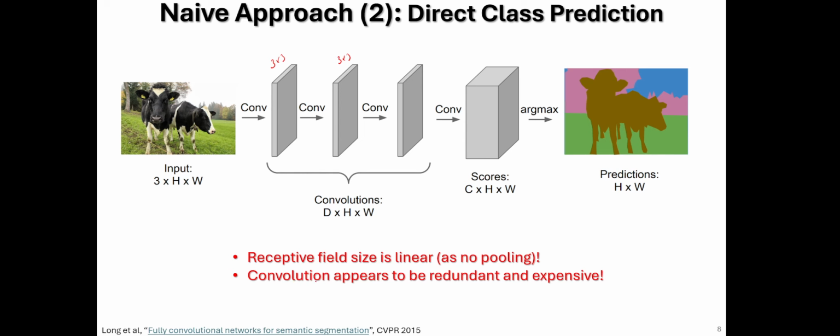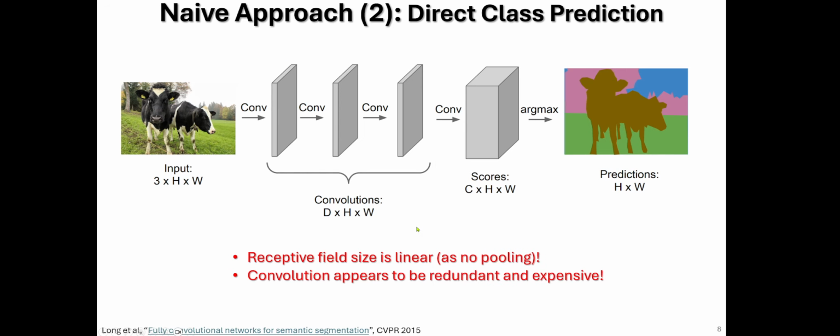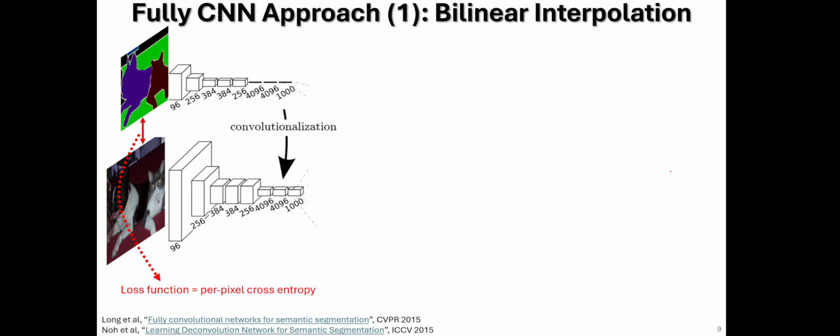More important, since you're not reducing the resolution, the convolution operates on the same kind of receptive field, so a lot of information is redundant, and it's expensive because you need to go deep. So this is not ideal, but it's a good way to understand how to design a convolutional network architecture for the image segmentation problem.